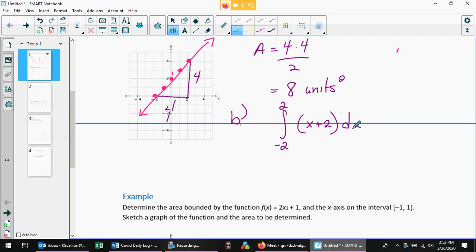So step 1, do the antiderivative. So we're going to have x squared over 2 plus 2x. That has to be in square brackets, +2, -2. So we're going to have to evaluate it.